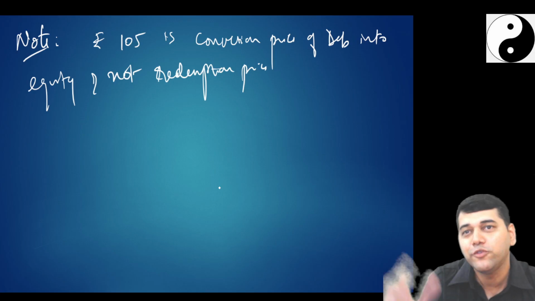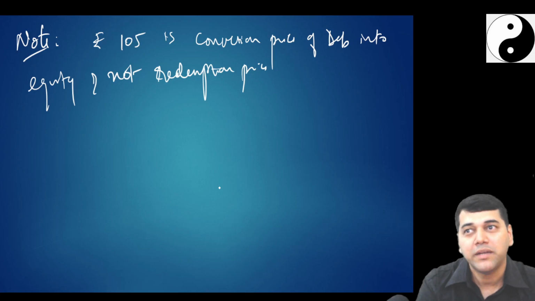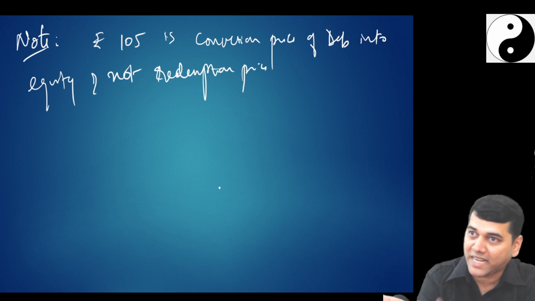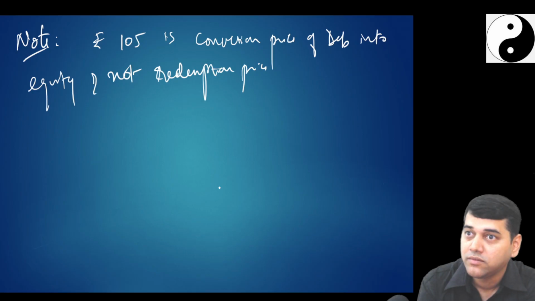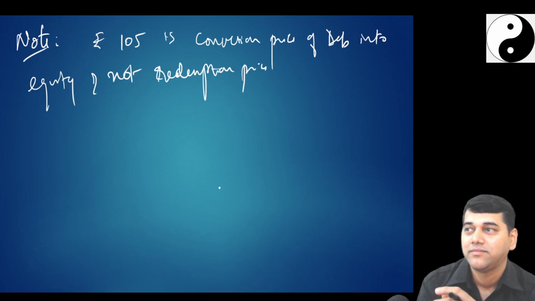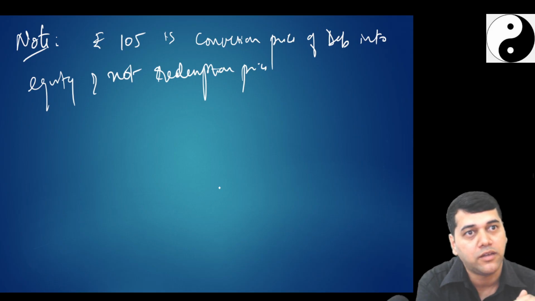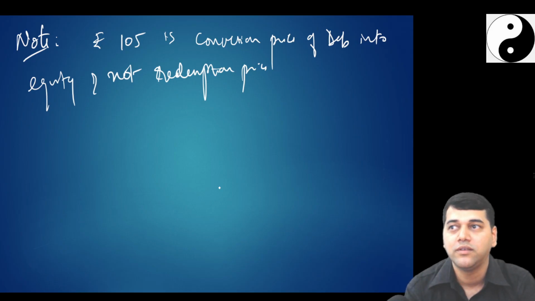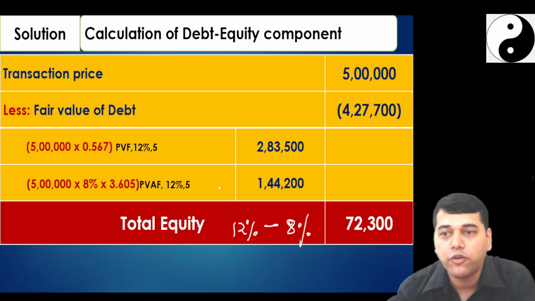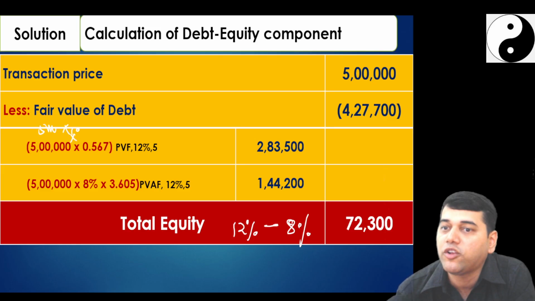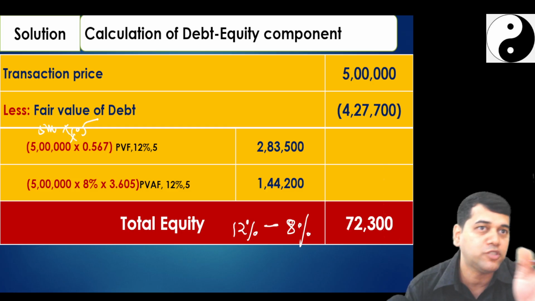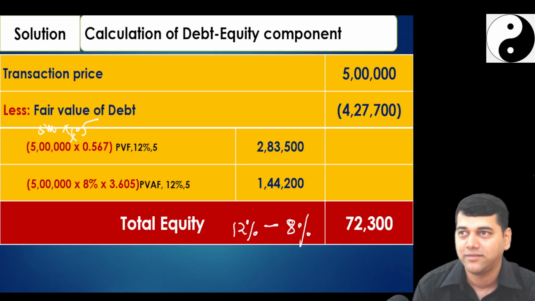One student assumed, but you have to see whether 105 is my contractual cash flow. Have they told you that if conversion is not opted, you will pay redemption of 105? If at all they had told, then you should have taken 5,000 into 105. I should have asked you to do it yourself, then a lot of mistakes would have come out. But nice. Followed, no?